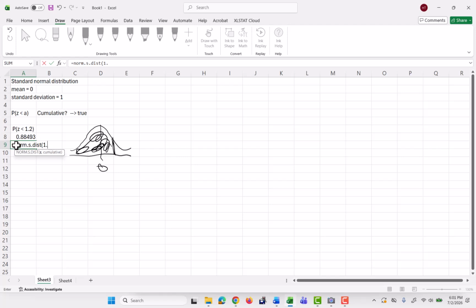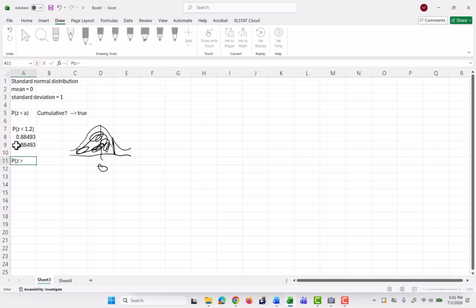Now all I have to do is put in the z-score of 1.2 and true for cumulative, and I get that same probability. I don't have to enter the mean of 0 and standard deviation of 1, because by putting in the S, it's telling Excel that this is a standard normal, so the mean is 0 and the standard deviation is 1.